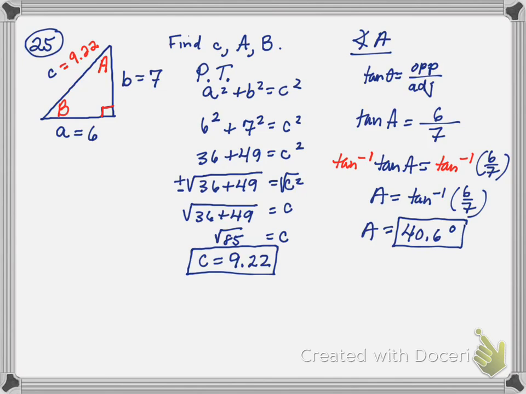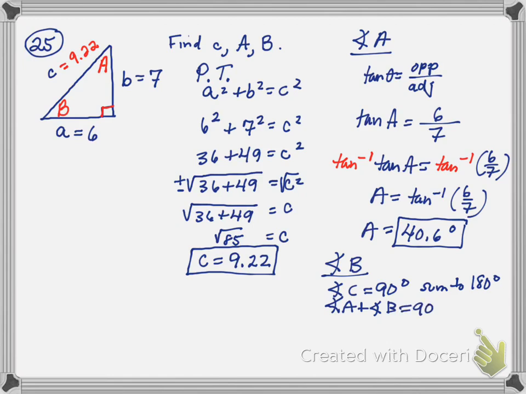Now all I have to do is find angle B. Since this is a right triangle, I know that angle C equals 90 degrees. And I know the interior angles of a triangle have to sum to 180 degrees. Being that said, angle A plus angle B have to sum to 90 degrees.